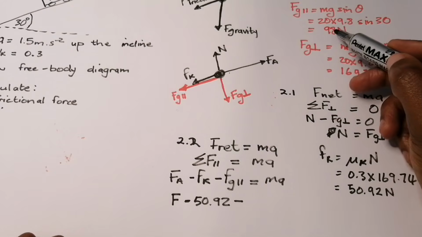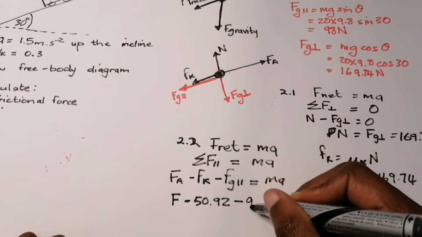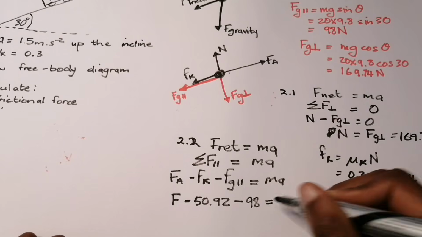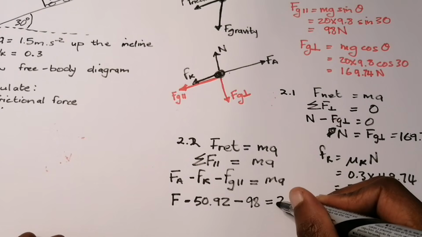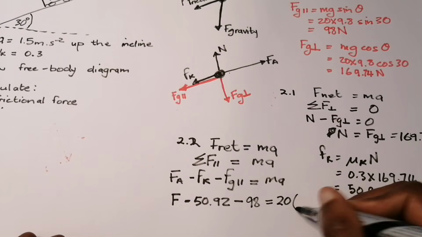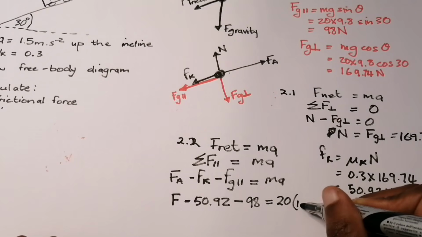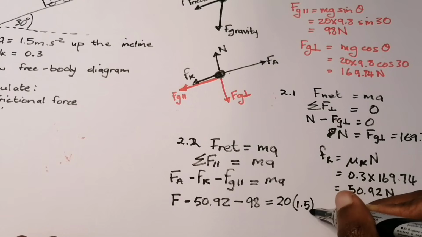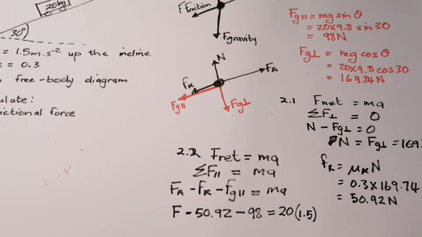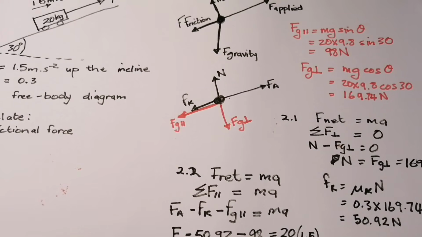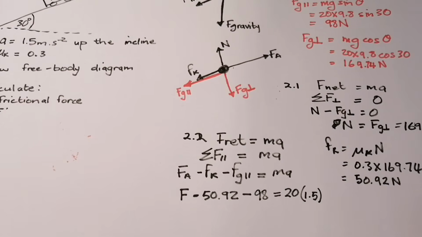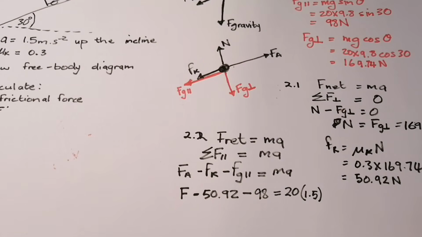We calculated it there, we said it was 98 newtons. The mass is 20, and we also knew the acceleration. They told us that it's accelerating at 1.5 meters per second squared. And by the way, we took up the incline as positive, so that should be a positive 1.5 there.